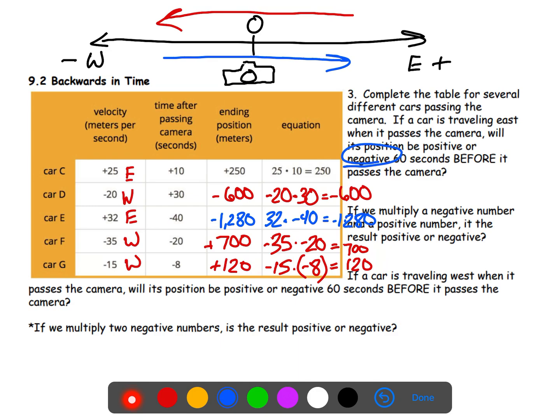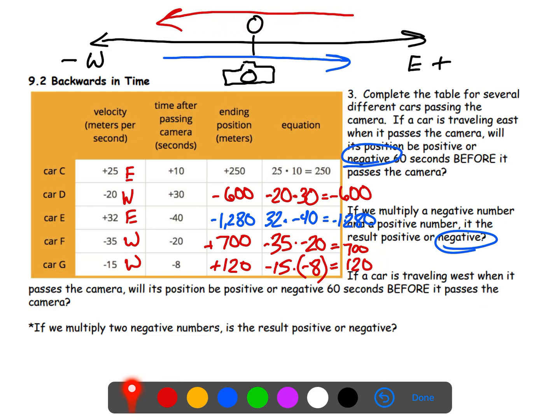Next, if we multiply a negative and a positive number, will the result be positive or negative? This is what we discussed yesterday. Well, if we multiply a negative number and a positive number, then the result will be negative. And if a car is traveling west when it passes the camera, will its position be positive or negative 60 seconds before it passes the camera?